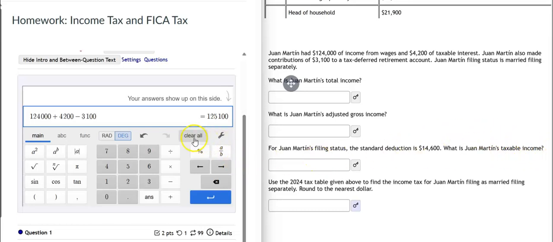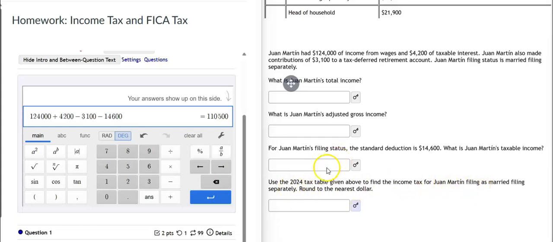So the taxable income is going to be $125,100 minus $14,600. So you get $110,500 here. That is Juan Martin's taxable income. Okay, and now the big part is to find the income tax for Juan Martin.